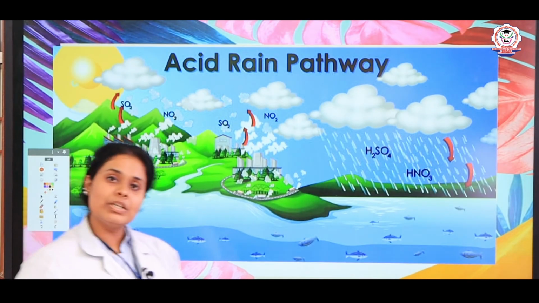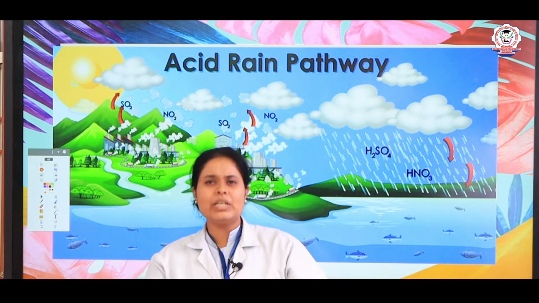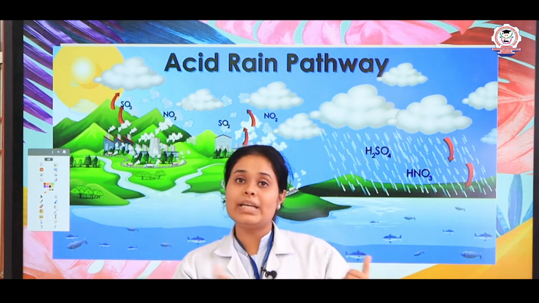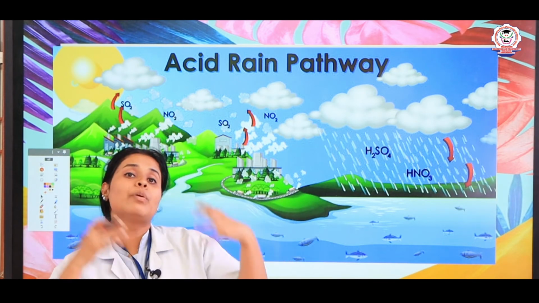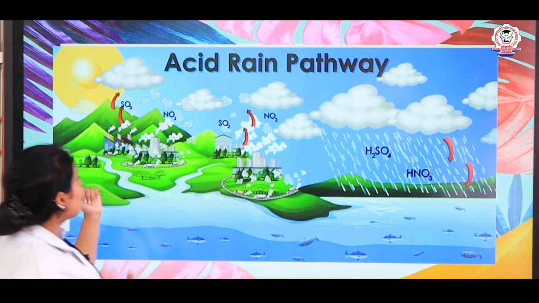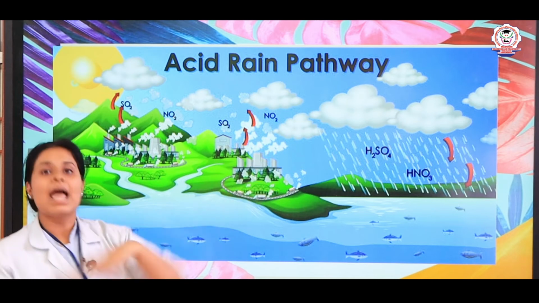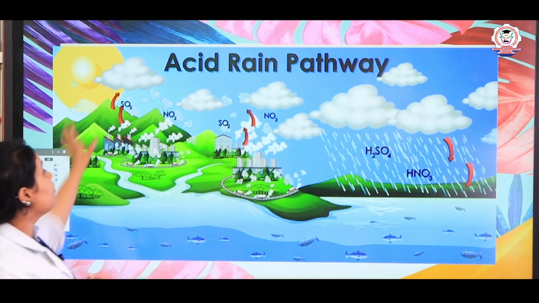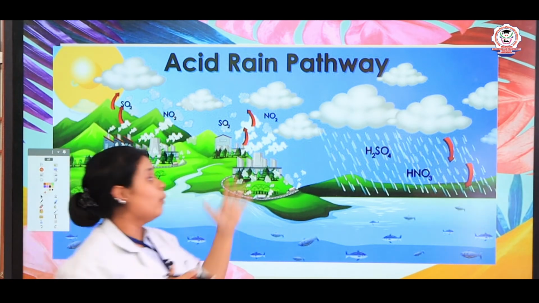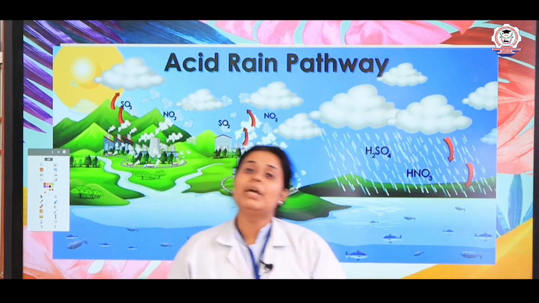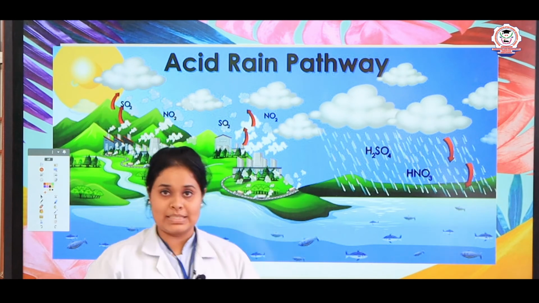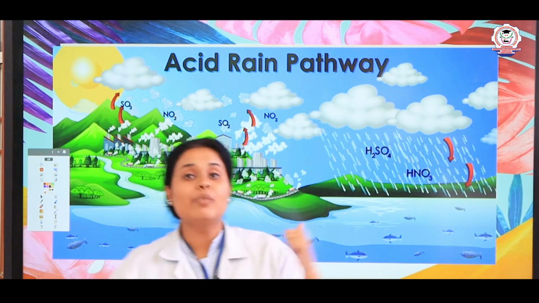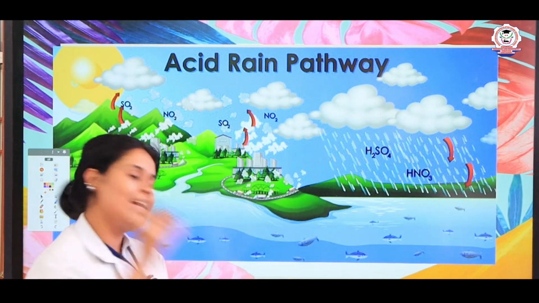What generally happens is, if in a city or in an urban area it's raining and there are so many industries over there, the smoke from the industries will come out. For example, nitrogen dioxide and sulfur dioxide. It will mix with the water, and when it's coming down, it will come in the form of acid, which is nitric acid and sulfuric acid. That is why that type of rain is known as acid rain.